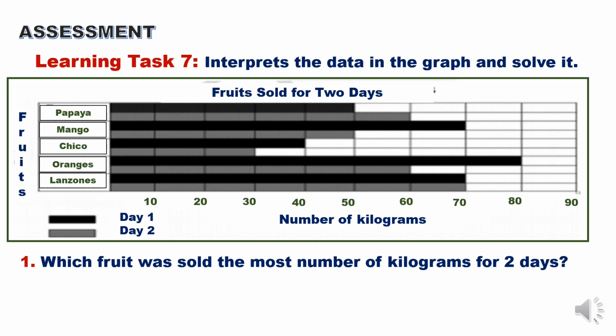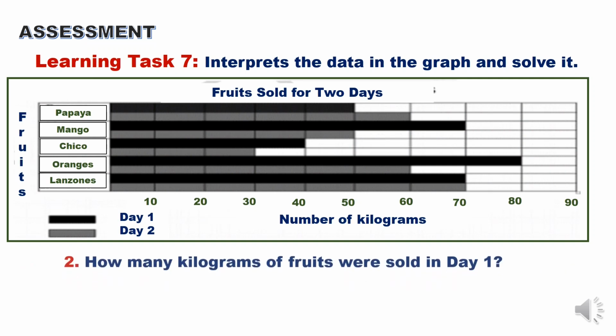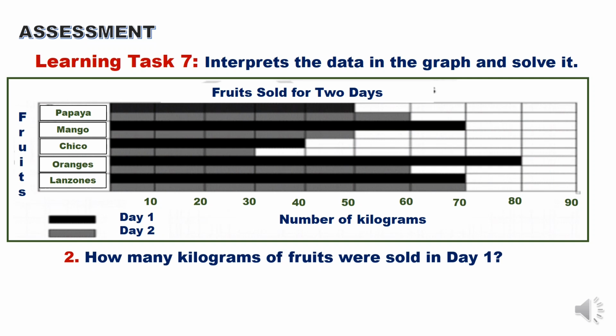Which fruit was sold the most number of kilograms for 2 days? Oranges, 140, and lanzones, 140. How many kilograms of fruits were sold in day 1?